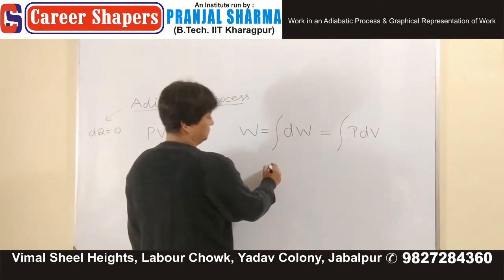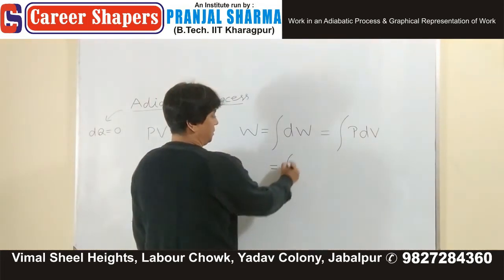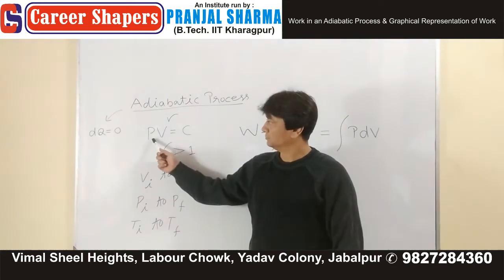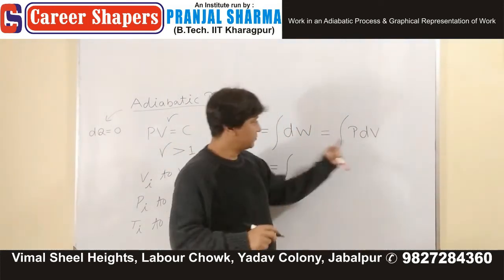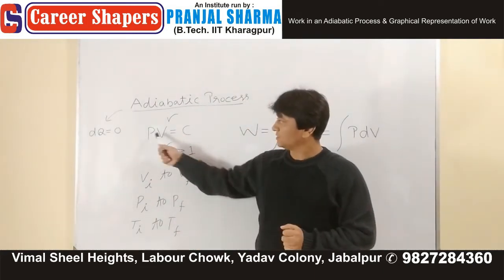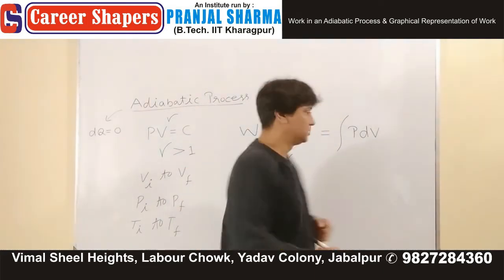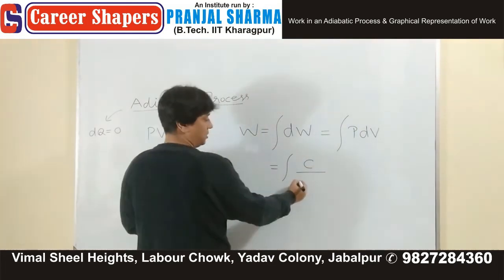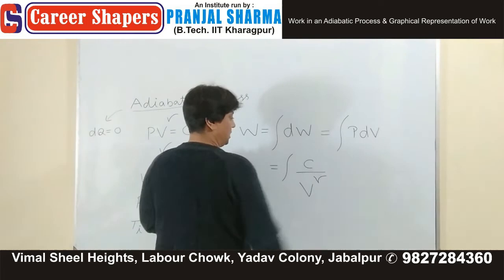Now, what is P? Look here. I cannot take this P out, but I can use this. This thing tells me that P is what? C upon V gamma.